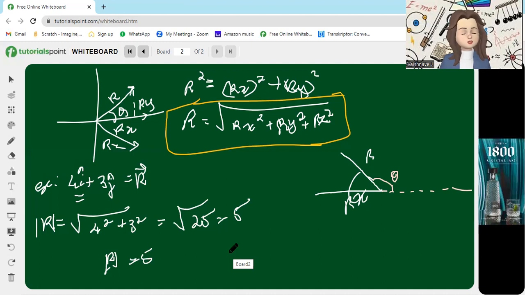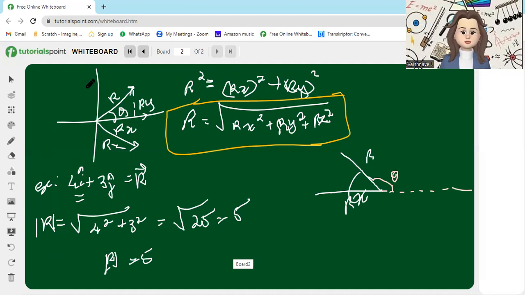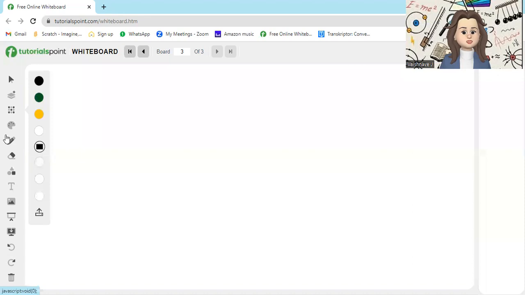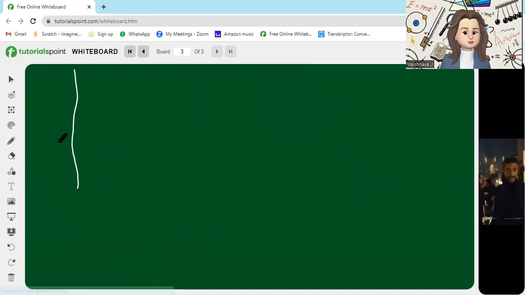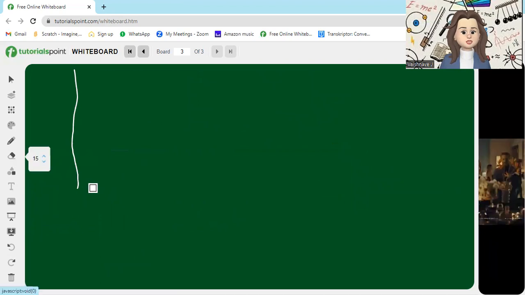Now we will see how to find the angle between this vector and the x-axis. It's not something complex. I'll just draw this a bit small.